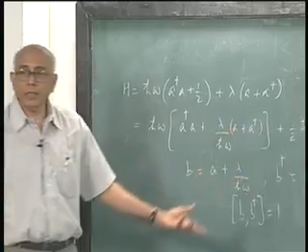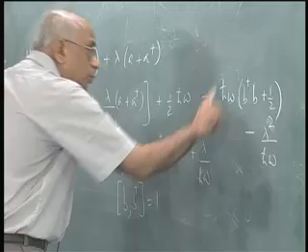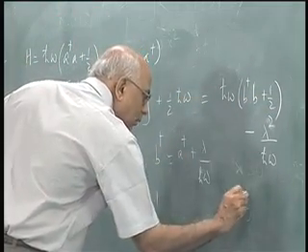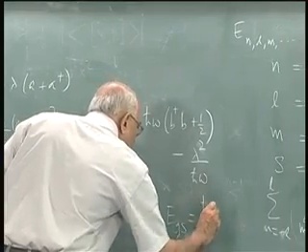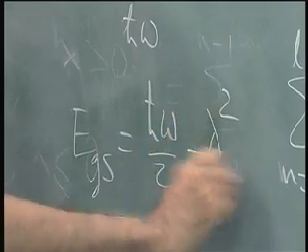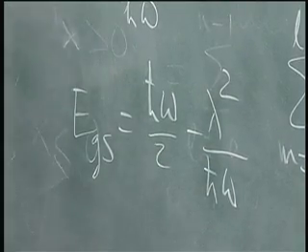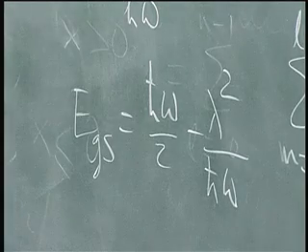So what is the ground state energy? This portion has a ground state energy which is half ħω. So E ground state equals ħω/2 minus λ squared over ħω. That is the exact answer. You just subtract that portion out, that is it.